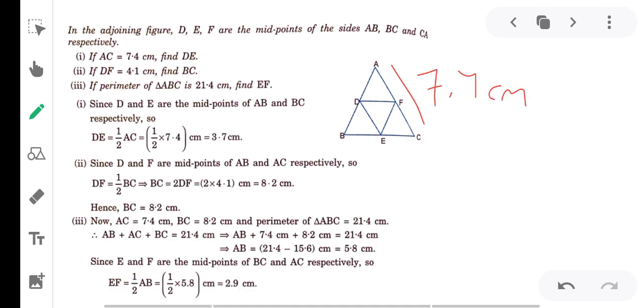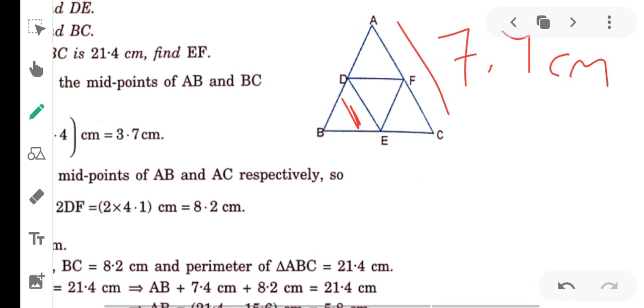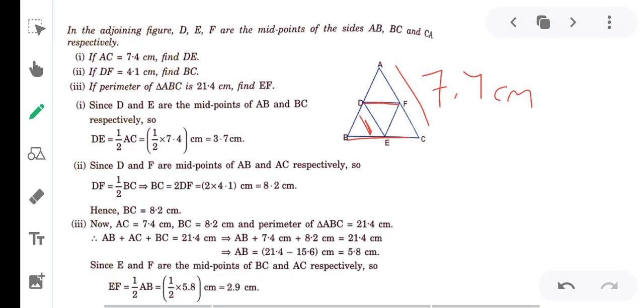If AC equal to 7.4, then find DE. And if DF equal to 4.1, then find BC. Then if the perimeter of the triangle is 21.4 centimeter, then find EF.